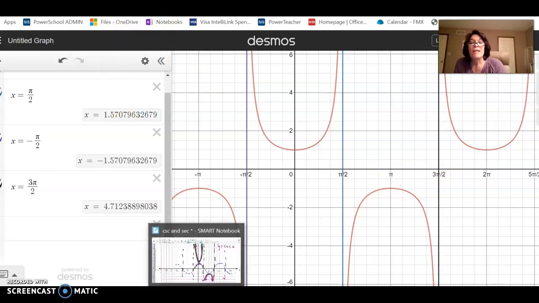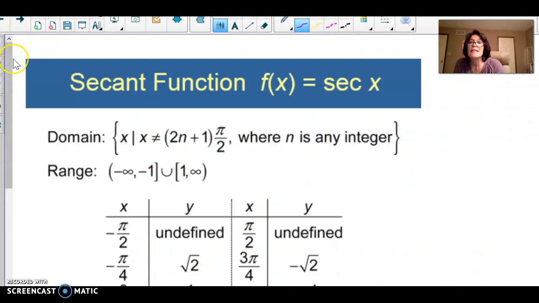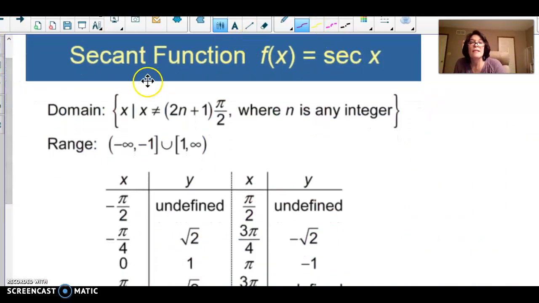Okay? So if we look at what we want you to know about secant, the secant function f of x equals secant of x. The domain is all x's except the odd pi over 2's. Same domain as tangent, if you think about it. The range goes from negative infinity to negative 1 and 1 to infinity, just like cosecant.